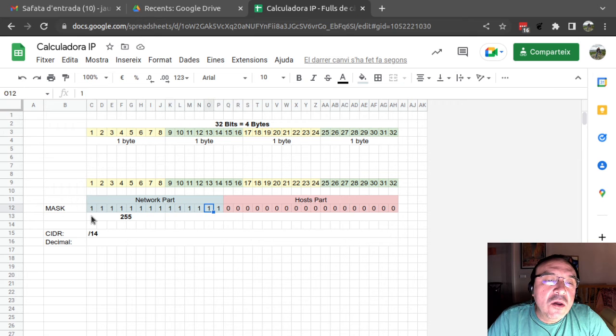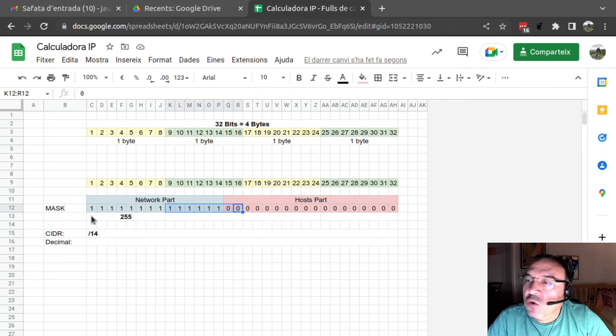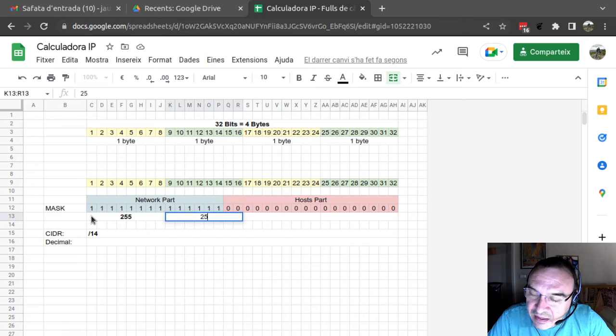If we had all those bits at 1, it would be 255. So we have to subtract those 2 bits that are at the value of 0. So it will be 255 less 1, 254, less 2, 252. So it will be 252.